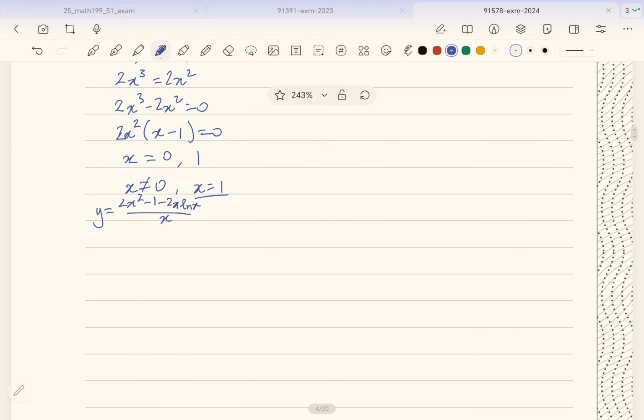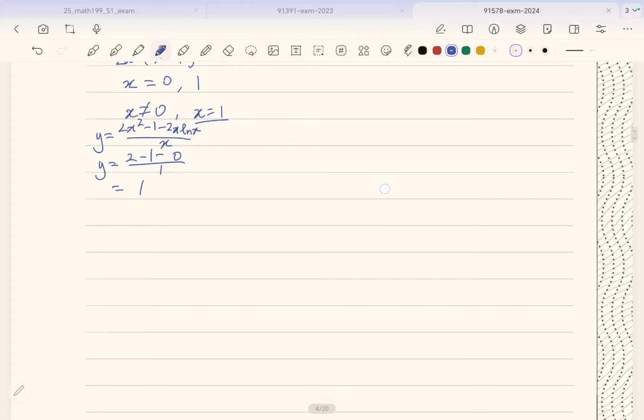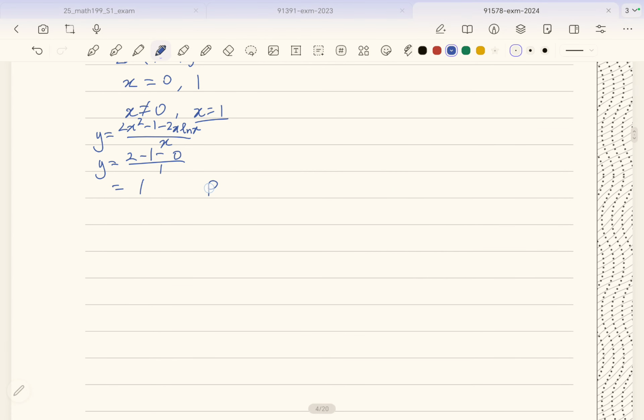Sub 1 in, we get y equals 2 minus 1 minus, ln of 1 is 0, so that becomes 0, and that becomes 2 minus 1. 1 over 1 is 1. So P has coordinates 1, 1. That's the coordinate of the point of inflection.